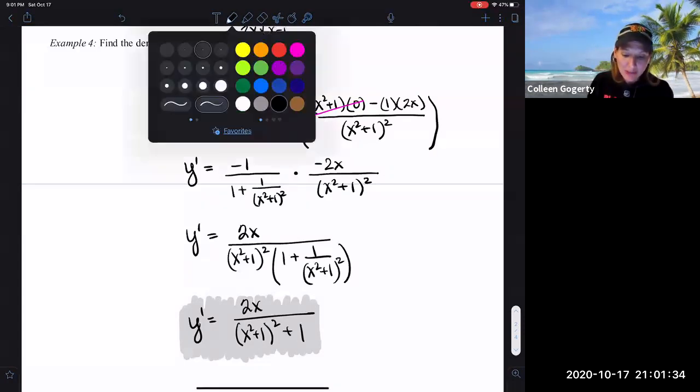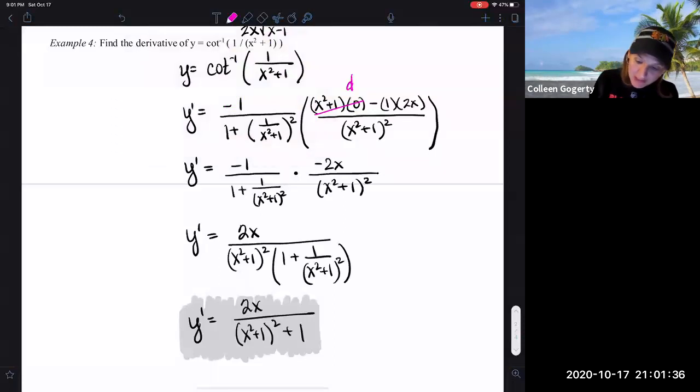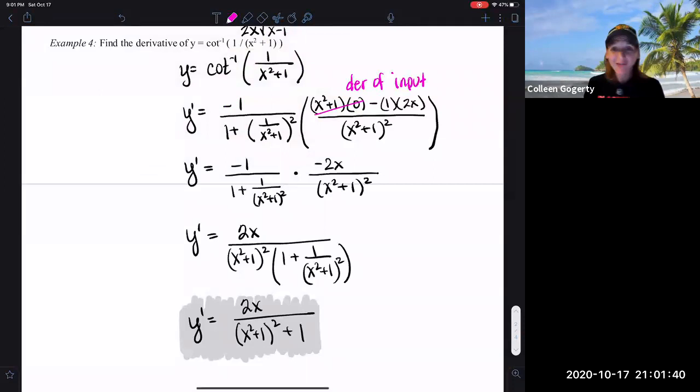So as I'm doing that, the derivative of the input is actually, you know, the quotient rule, right? So low D high minus high D low over low squared. Now that's just my way of remembering it. And otherwise, if you've memorized the quotient rule, it's all good, but we're taking the low times the derivative of the high.